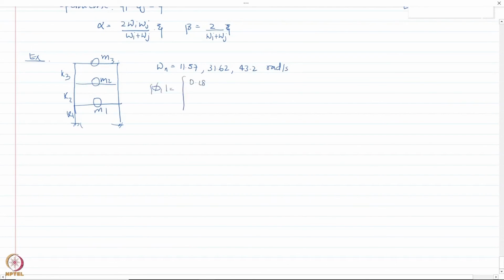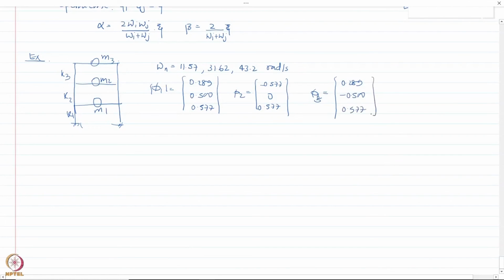Phi 1 is 0.289, 0.500, then 0.577, and phi 2 is minus 0.577, 0 and 0.577. Phi 3 is 0.289, minus 0.5 and then 0.577.